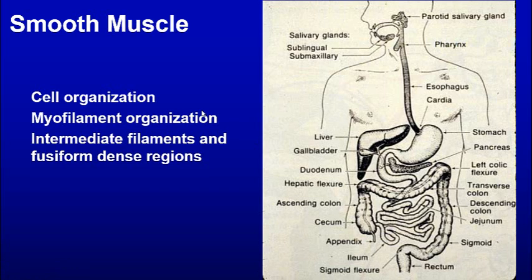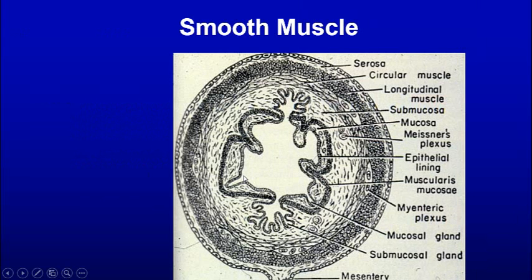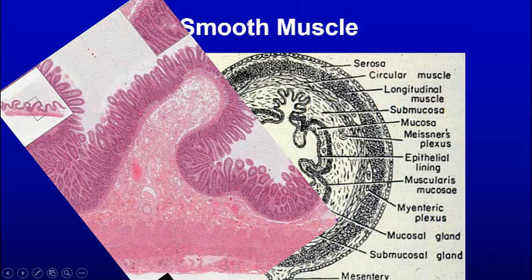The cell organization, the myofibril organization, intermediate filaments, and fusiform densities is what we're going to see in there. So smooth muscle: the gut has a lot of smooth muscle because it's in charge of peristalsis, the grinding and mixing of food that we see. So this big layer of the wall of the intestine is smooth muscle.